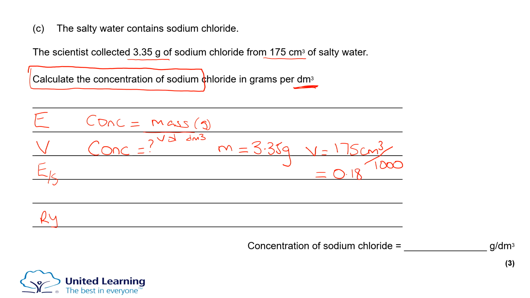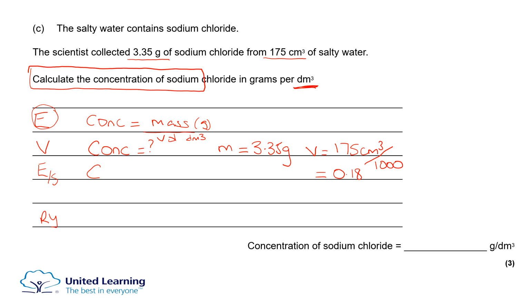It's 0.17 that was reoccurring, but we need to round it up to 2 decimal places because the numbers in the question are 2 decimal places. Now we're ready to rewrite our equation with substitution. So we literally rewrite what is in the first step, but we put our numbers in it.